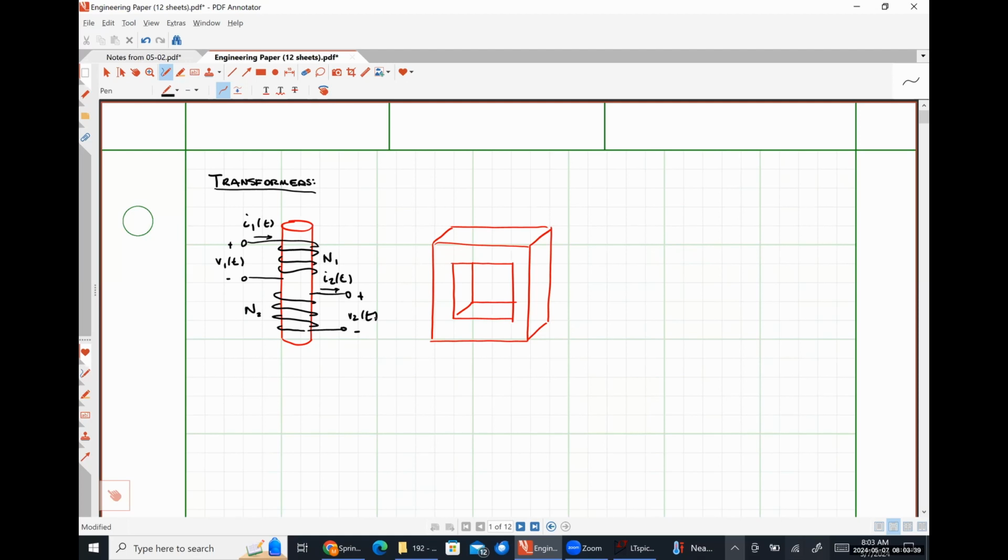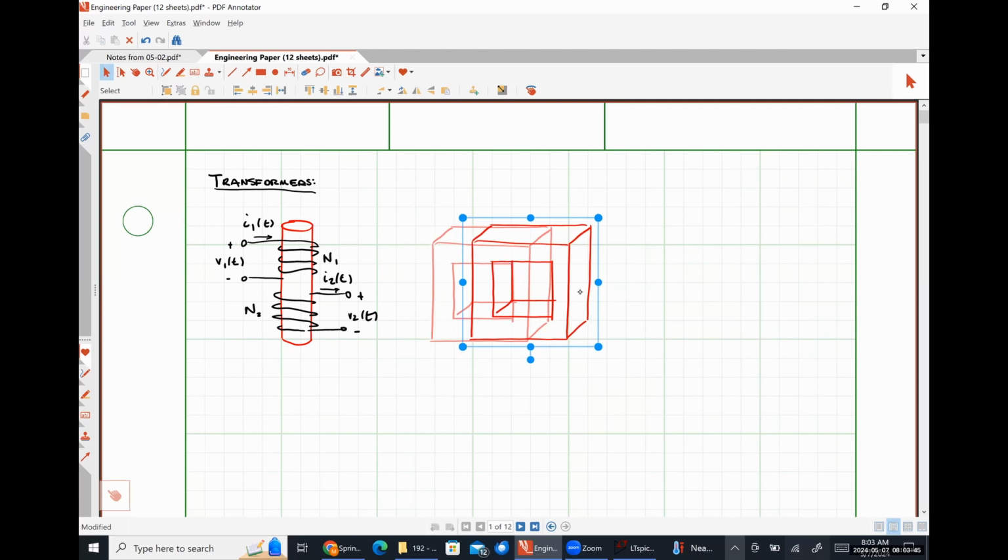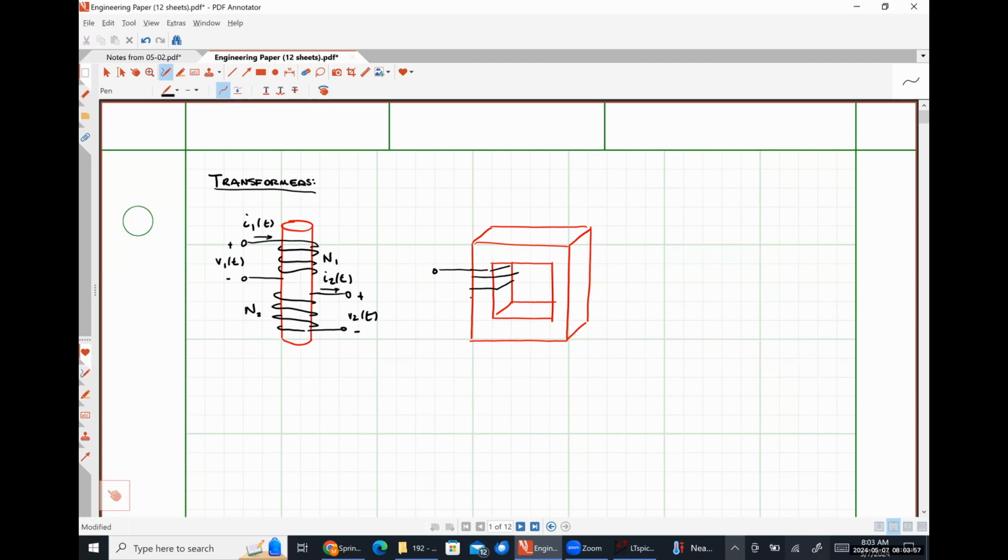And I can do something similar for this core over here on the right as well. So I might put a coil on this leg of the structure, where I might have N1 turns over here.